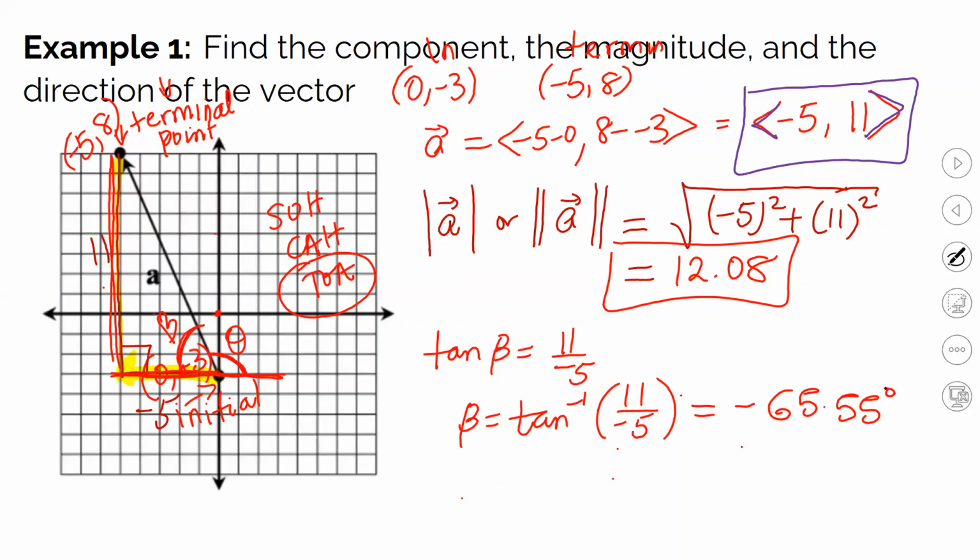You can ask yourself, why is this angle negative? Who wants to answer that question? Who wants to be bold to answer for me? Why are we getting a negative value? Does anybody know?